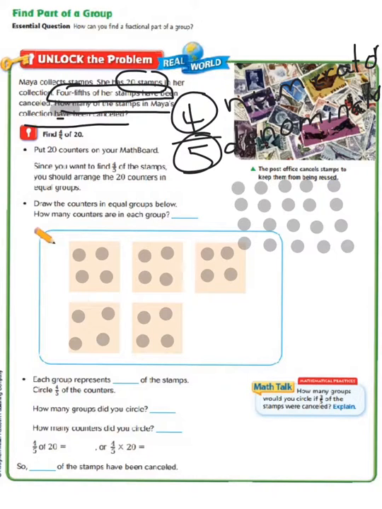So we draw the counters in equal groups below. How many counters are in each group? We have 1, 2, 3, 4 in each group. So there are 4 counters in each group.